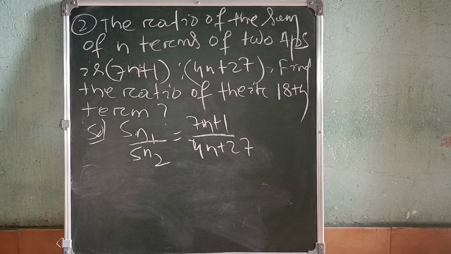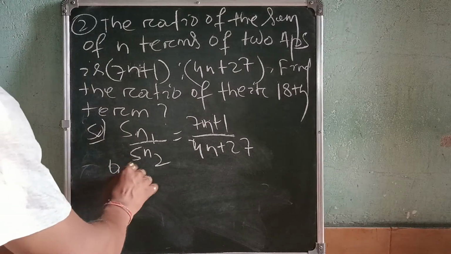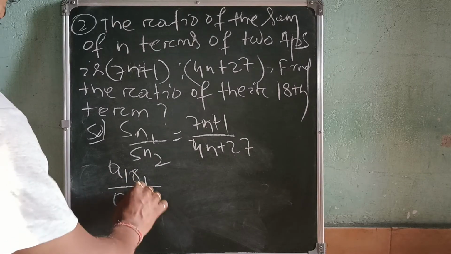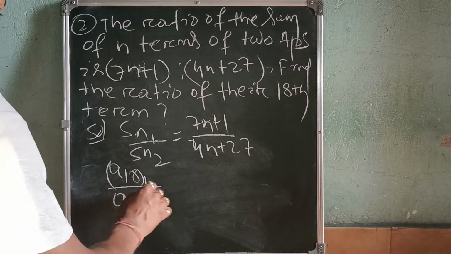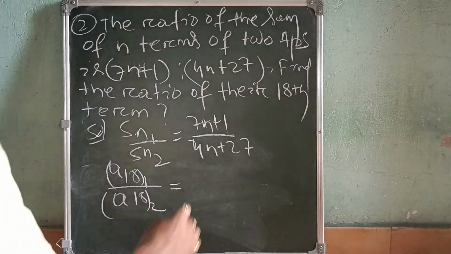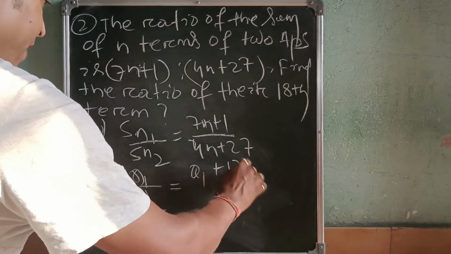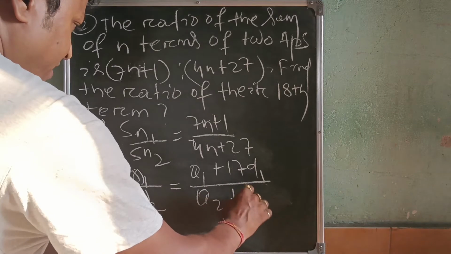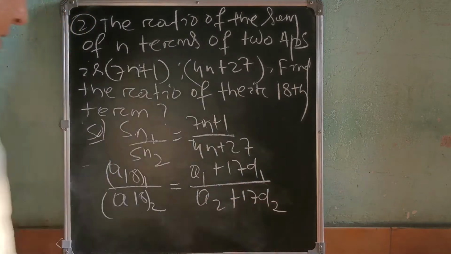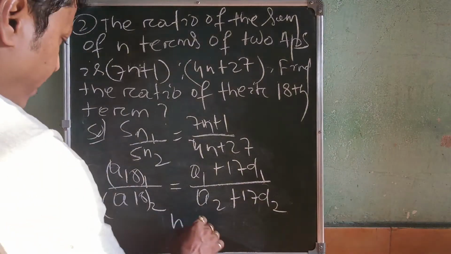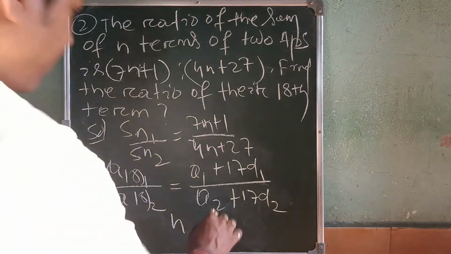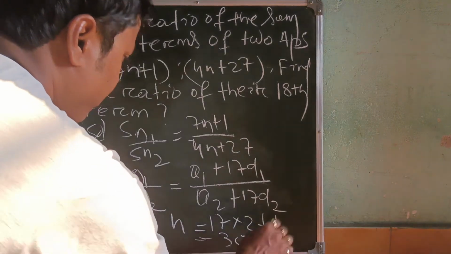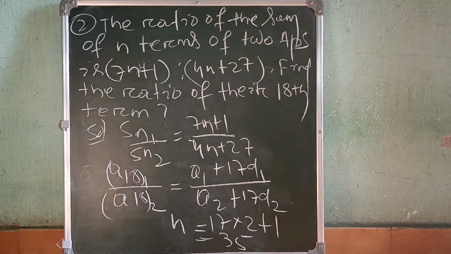Suppose this is A18 1 by A18 2, then it is (A1 + 17 D1)/(A2 + 17 D2), right? The number of terms is n. How to find it? 17 into 2 plus 1, that means 35. So we have to find n here, right?